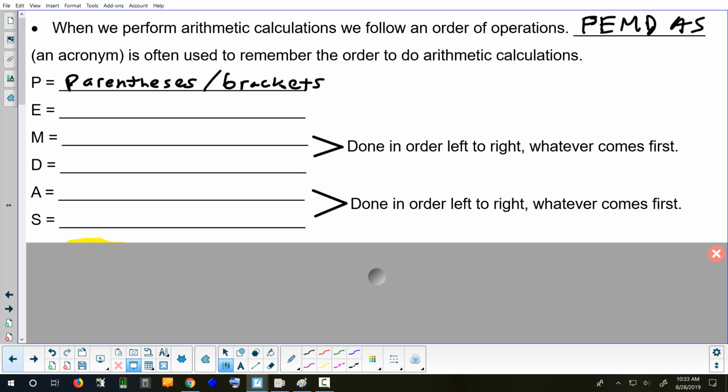Okay, so anytime we're doing arithmetic, always look for your parentheses first and do what's inside. I won't spend forever on it because I'm sure everybody's already done that. How about E? What does E stand for again? Exponents. How do you know something is an exponent? We actually had one earlier today.